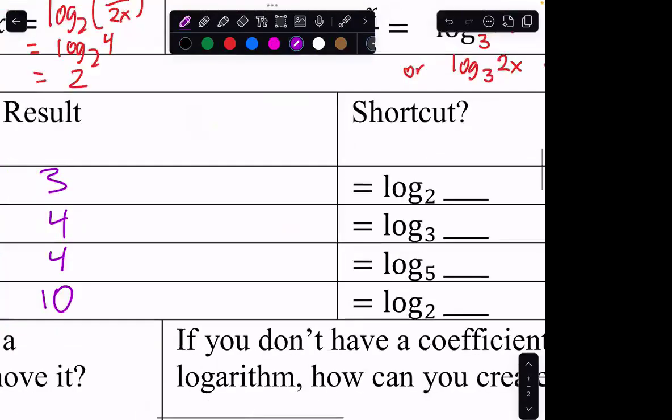Okay, then you figure out over here, 2 to the third power is 8. 3 to the fourth power is 81. 5 to the fourth power is 625. 2 to the 10th power, 1024.